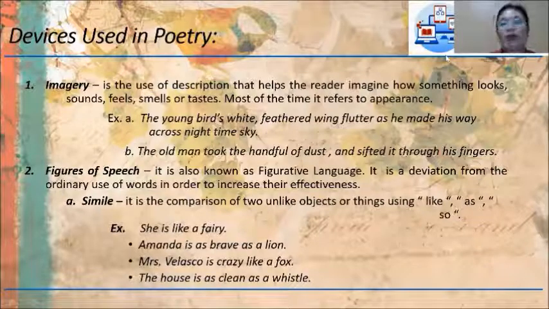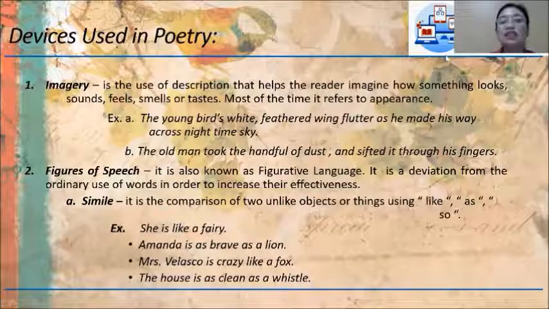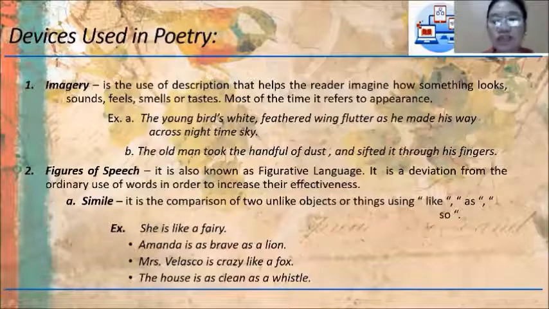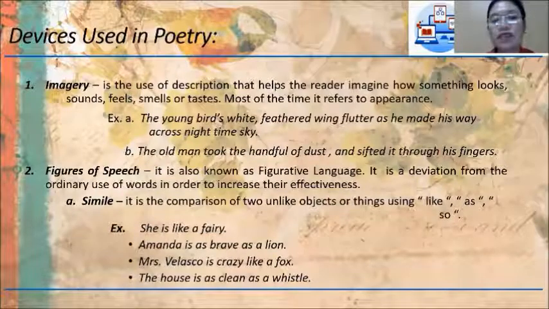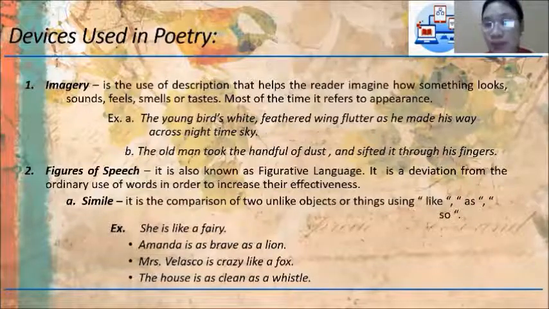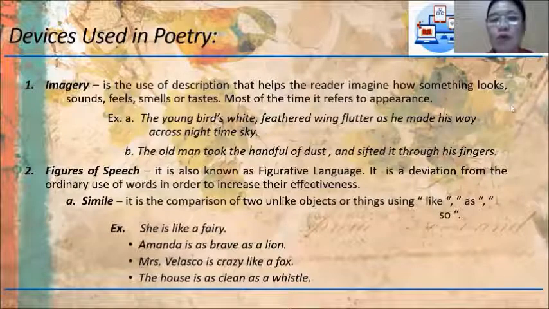Now, what is imagery? It is the use of description that helps the reader imagine how something looks, sounds, feels, smells, or tastes. So most of the time, it refers to appearance. In poetry, imagery is a vivid and vibrant form of description that appeals to the reader's senses and imagination.